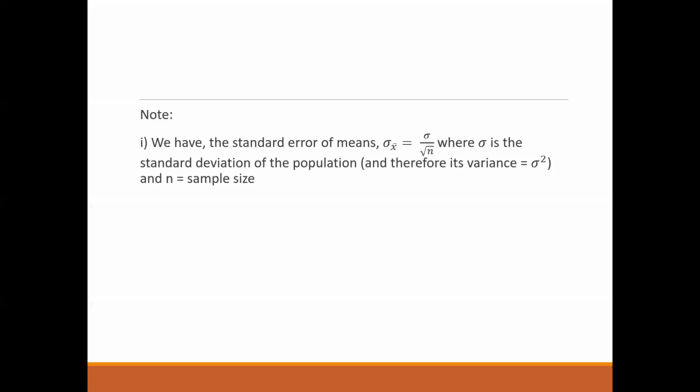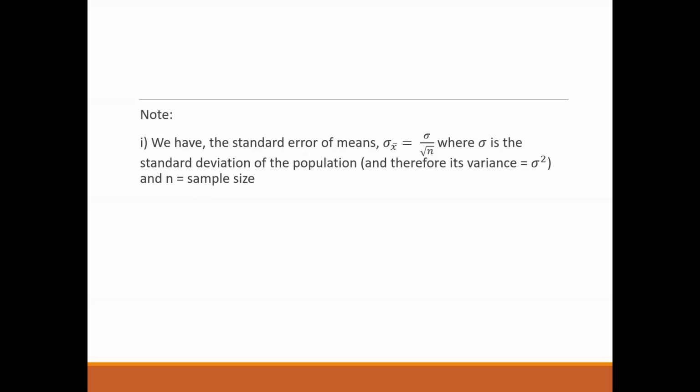Now, as I told you last time, if the value of n is big, in the sense the sample size is large, greater than or equal to 30, then we can say the approximated standard deviation, your s x bar, is given by s upon square root of n.